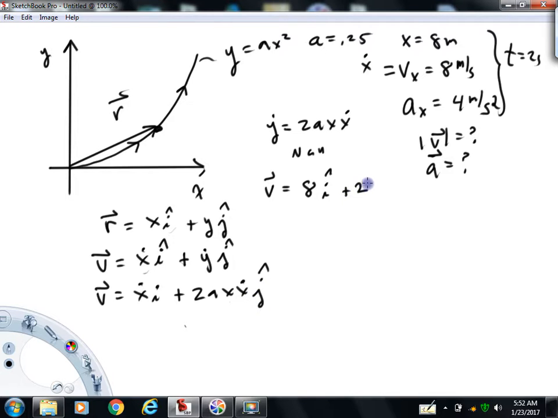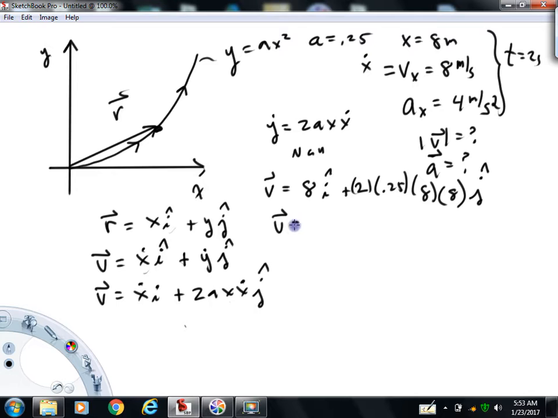That's going to be 2 times 0.25 times x, which is 8, times x dot, which is also 8. And again, the units are all consistent. When I write the units in on my computer, it ends up being pretty long, and since I'm restricted in room, I'm just going to stick with my note consistent units. This will work out to meters per second, and that's going to give me a j.